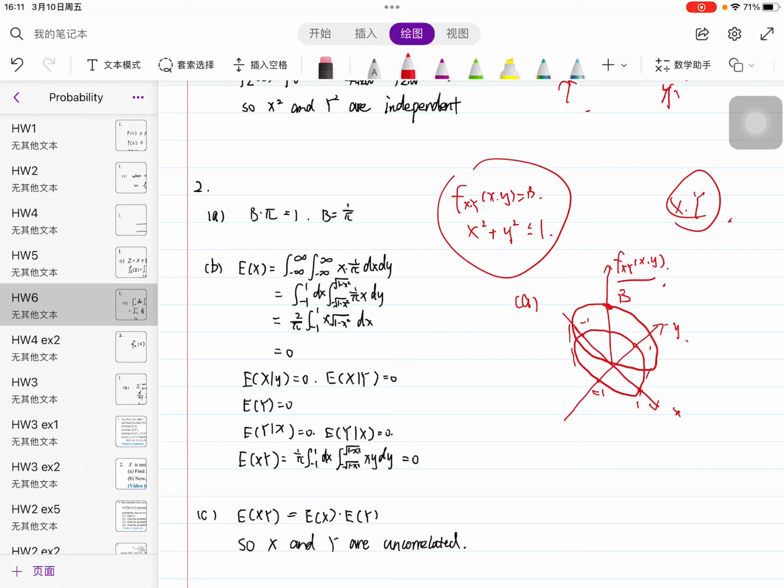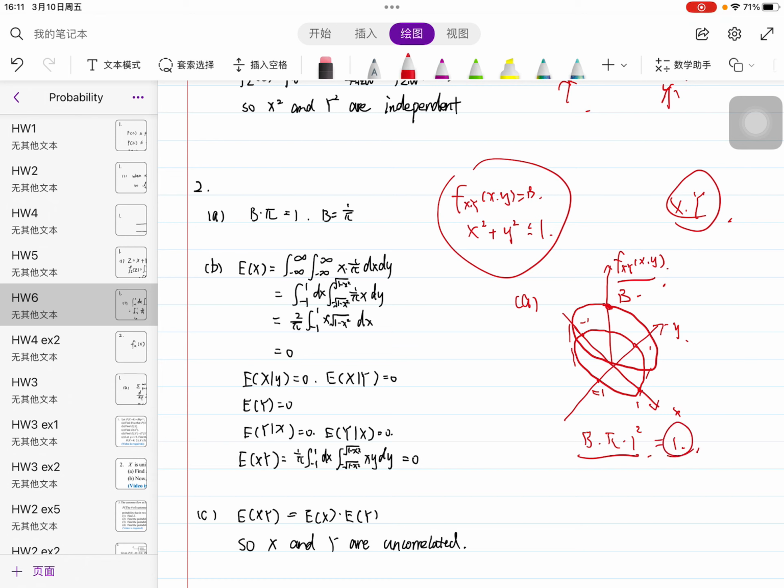Here it is b. So the volume of this cylinder is equal to b times the area of the bottom, that is pi times the radius to the power of 2.